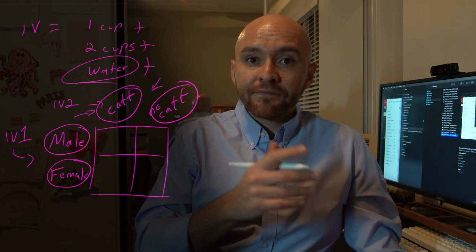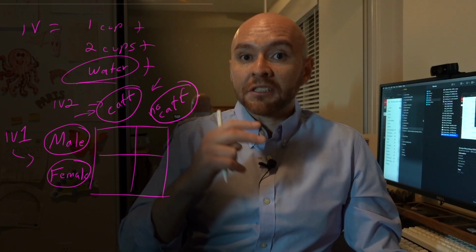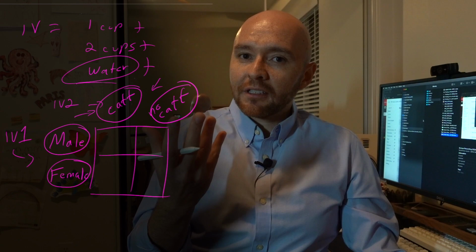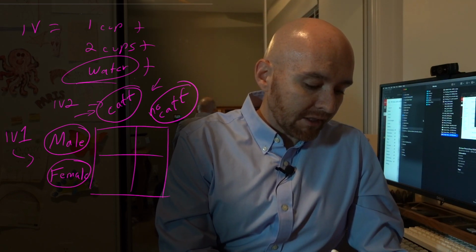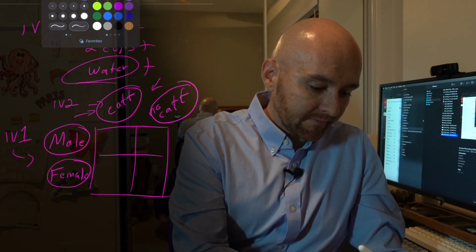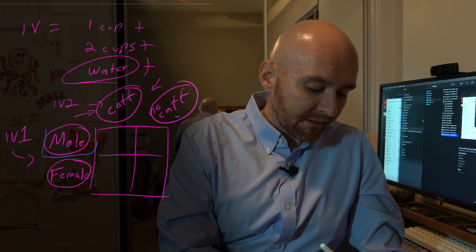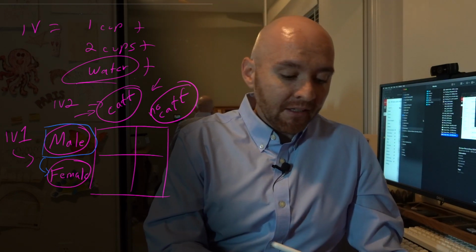I'm asking you, based on those 2 levels, because the IVs I've given you only have 2 levels, what do you expect that difference to look like? So in other terms, do you expect, let me change color again. Do you expect male participants to be more attentive than female participants, or vice versa?